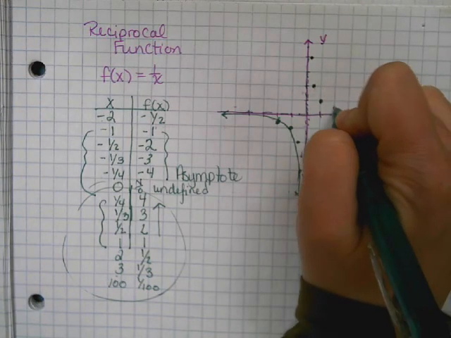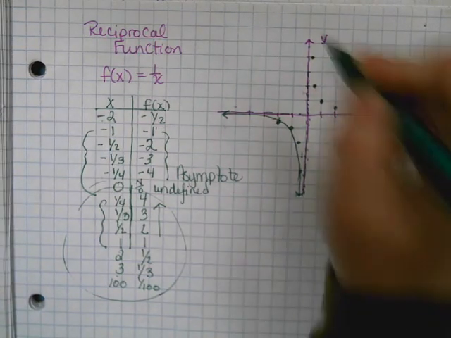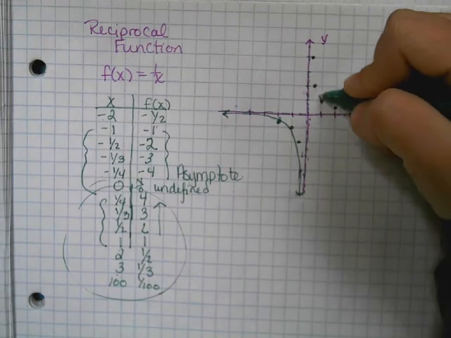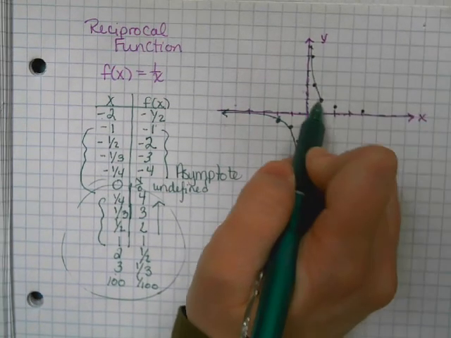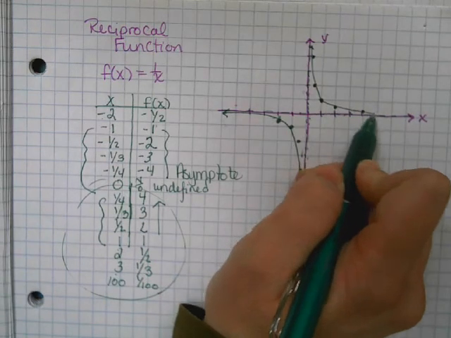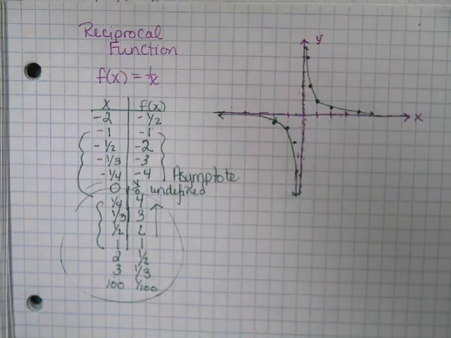At 1/2, I have 2. At 1, it's 1. At 2, it's 1/2. At 4, it would be 1/4, something like that. So we see that it's increasing here, getting really close to the y-axis, but never touching it. Decreasing here, getting really close to the x-axis and never touching it. Right? That's the reciprocal function.